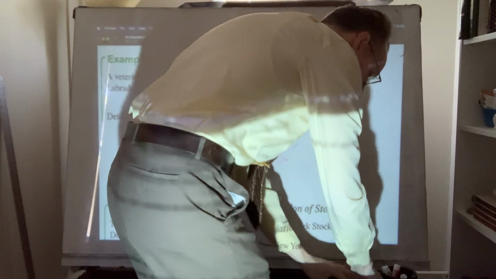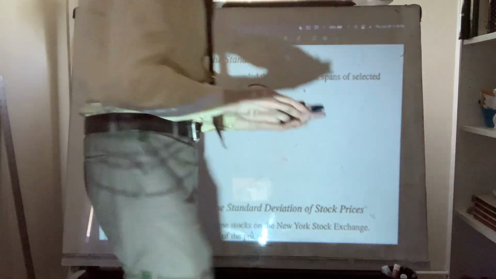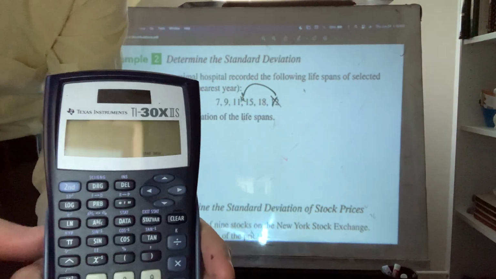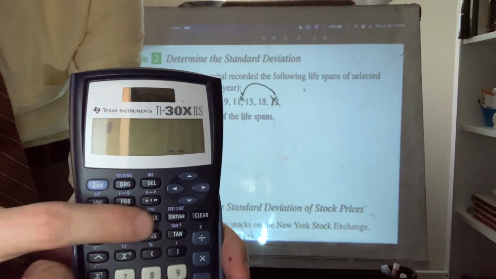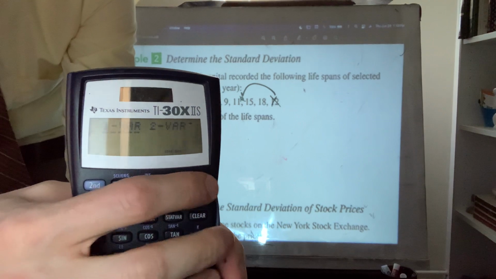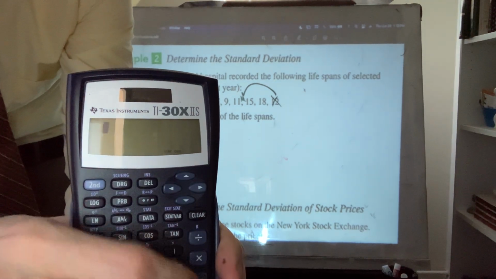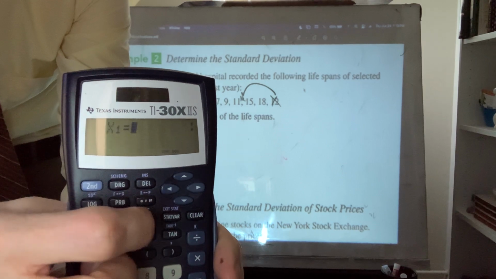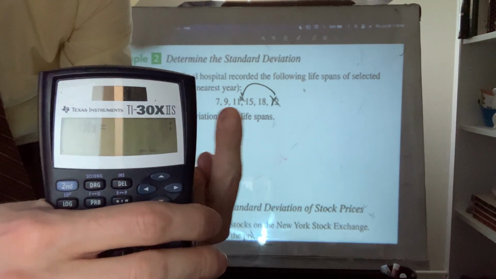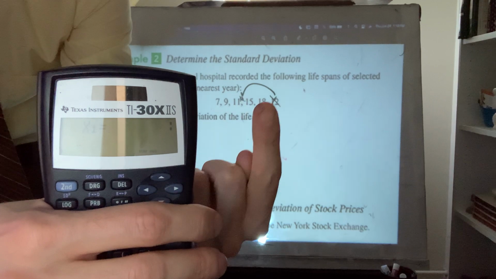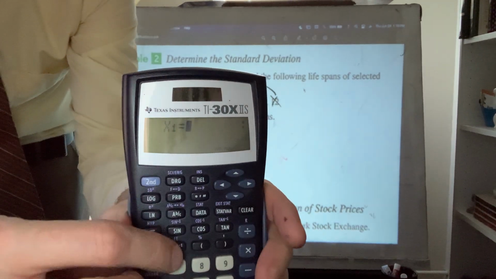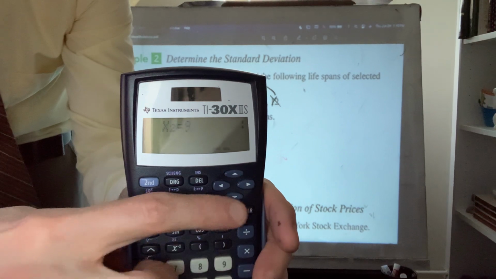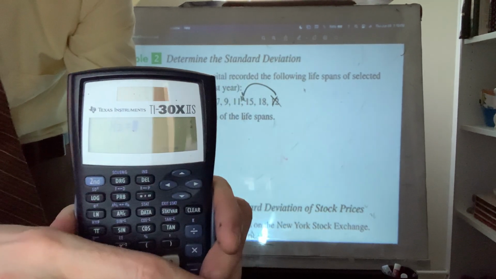Again, go through the process, take your calculator, and clear out the old data. So hit second, scroll over to that. You're already in one variable statistics, so you hit data, and now you enter 7, 9, 11, 12, 15, 18. 7, scroll down, 9, scroll down, 11.